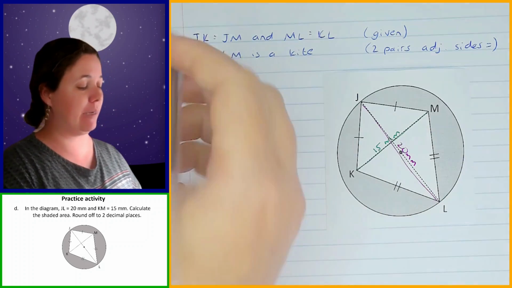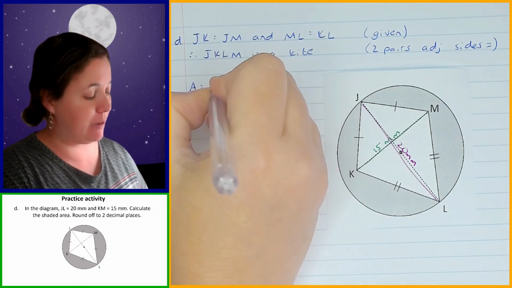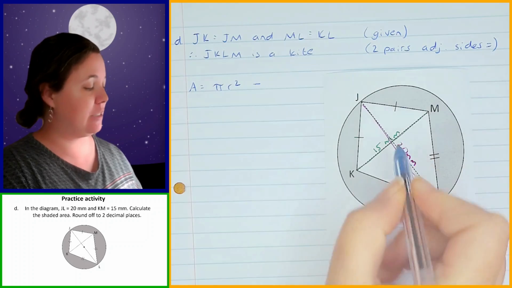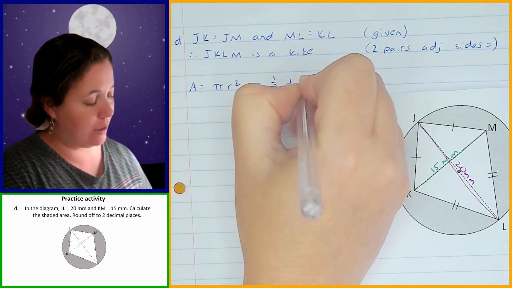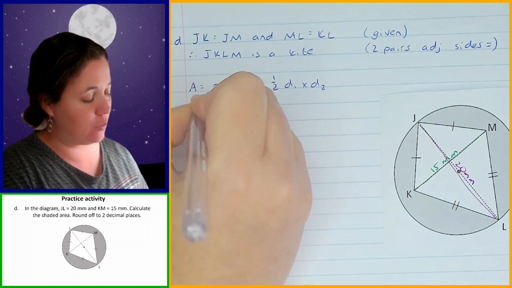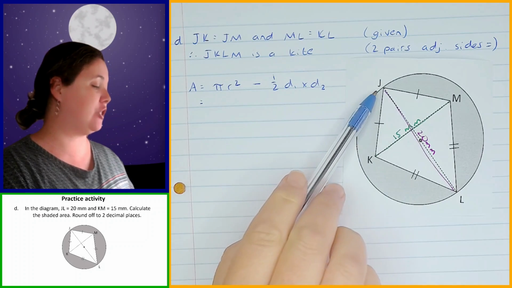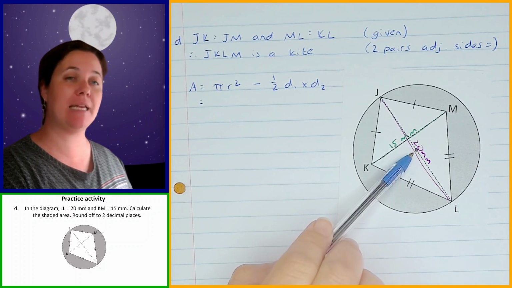Okay, so to work out my area, it's going to be the area of the circle, which is pi r squared, minus the area of the kite, which is half diameter 1 times diameter 2. Okay, so now in this example over here, they told me that JL passes through the center of the circle. You can see that in the diagram.